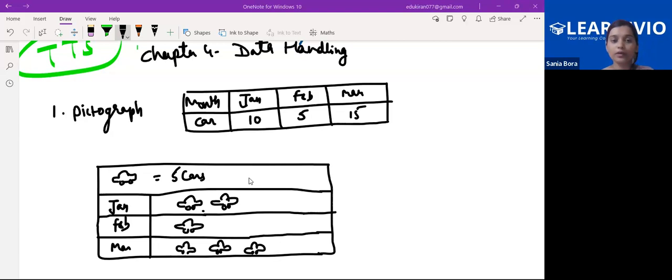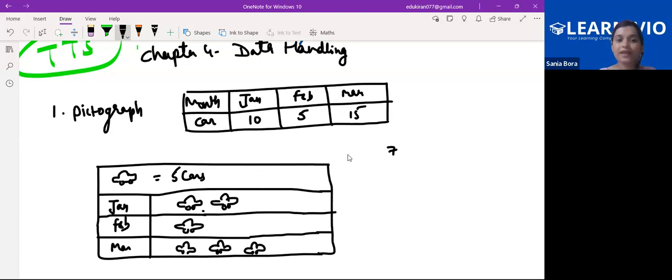How we are going to do it? Anyone has any doubt in pictograph? Okay. Now, for example, there's one more month and over here it's, for example, 7 cars. So of course, it's not a half.